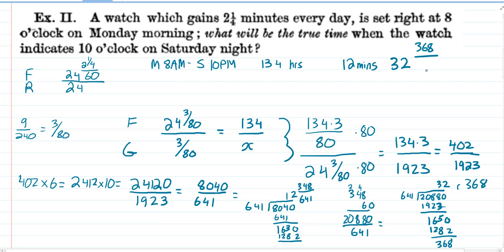Because you don't want to go past seconds. So this is how many real minutes were gained. So what does that mean? The real clock is going to show this much time, right? Before 10 p.m. Saturday. That's what the real clock is going to show.